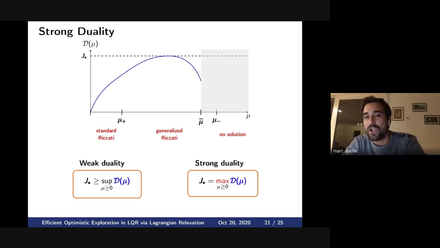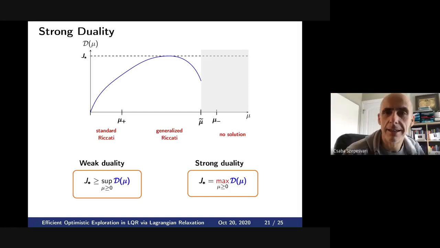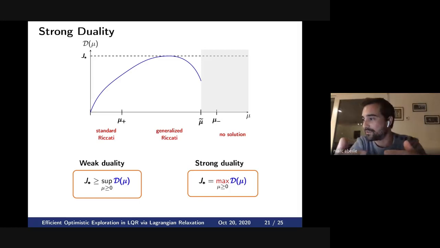The question is how far the maximum is from the border of the domain, and this is kind of harmful for the dichotomy because it plays a role in the curvature and the smoothness of the dual function. The less smoothness you have, the more difficult will be the dichotomy.